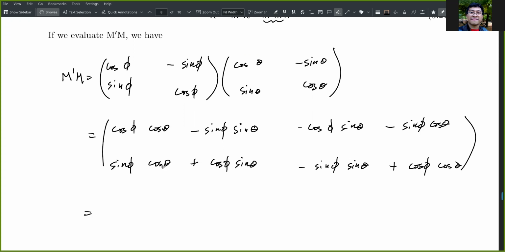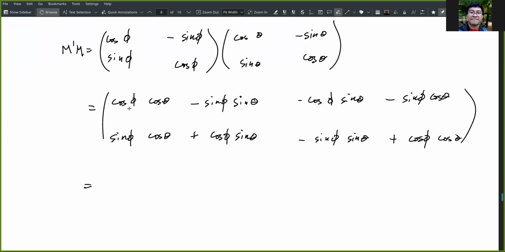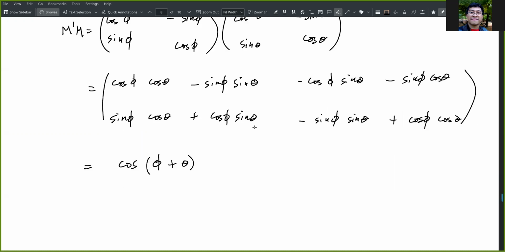Simplify, so this is just trigonometric identities. Cosine phi cosine theta minus sine phi sine theta is equal to cosine of phi plus theta. This is just sine of phi plus theta. Here this one is the negative of sine, so that's negative sine of phi plus theta.